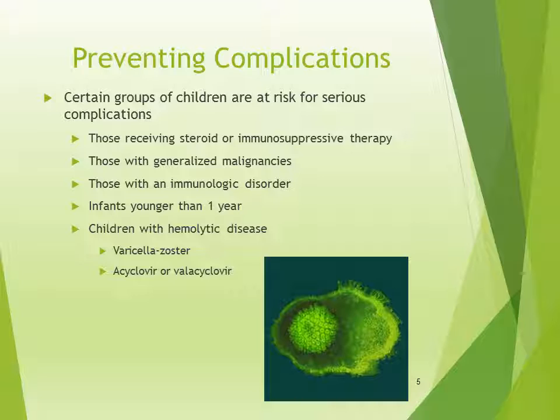The children at the highest risk include those that are taking steroids or some other type of immunosuppressive therapy, children with generalized malignancies, children with immunological disorders, infants under the age of 1, and children with hemolytic diseases. These children are very susceptible to something like varicella zoster, just as an example.